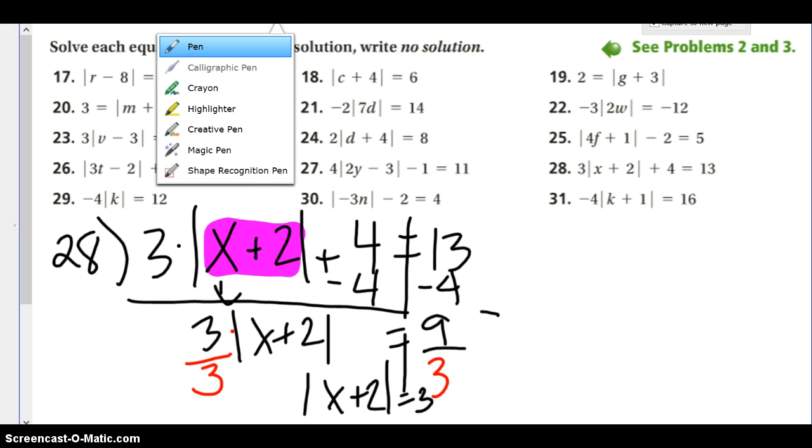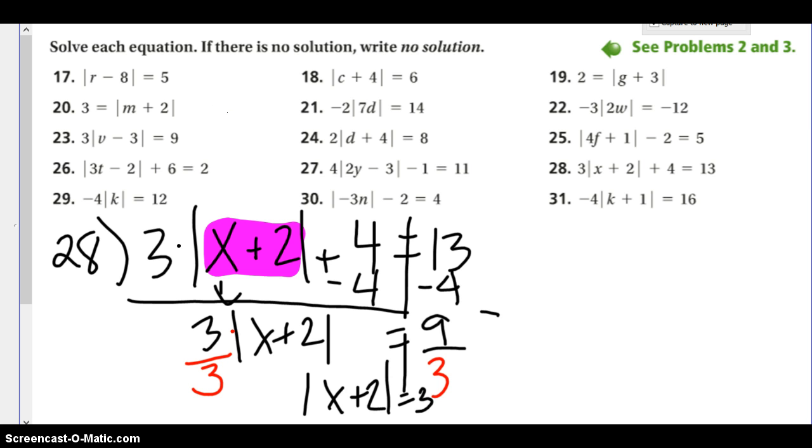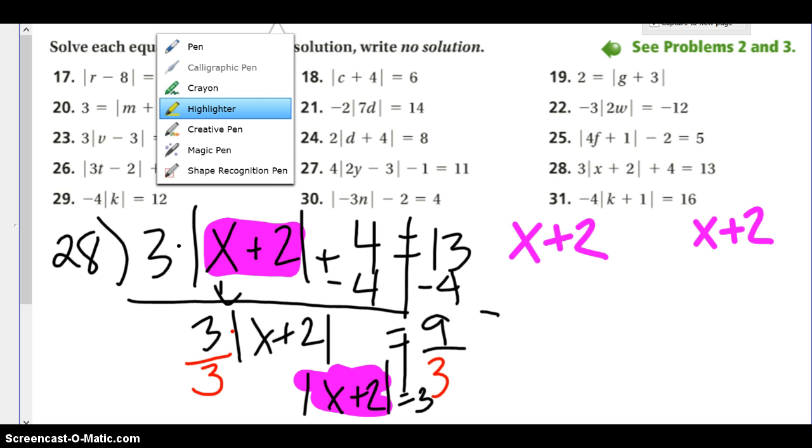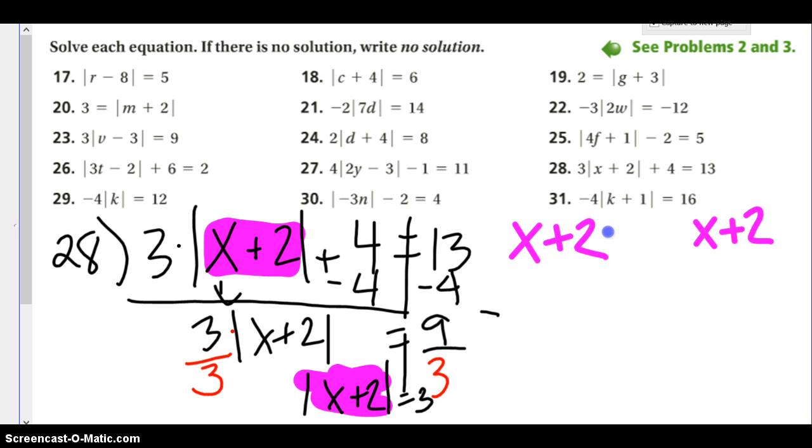Now I've gotten to the place where this is by itself, so life is good. So I'm going to just write that. So my x plus 2, that can equal a couple of things. So x plus 2 are both from in here. And then I know that either equals positive 3 or what's the other thing it could equal?